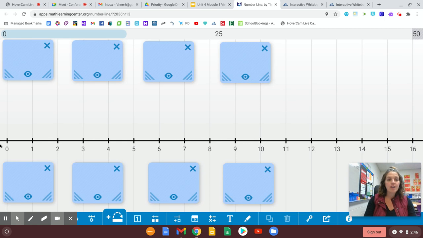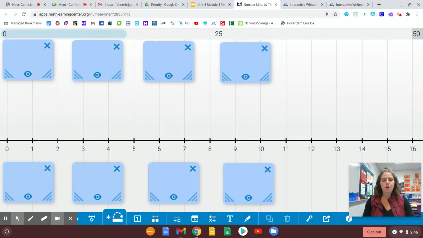All right, so here is our number line going all the way across. We're going to focus mainly on the numbers 0 through 10 today. And we're going to always start at 0 as kind of our place marker.